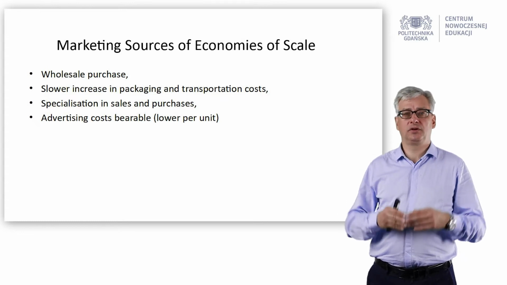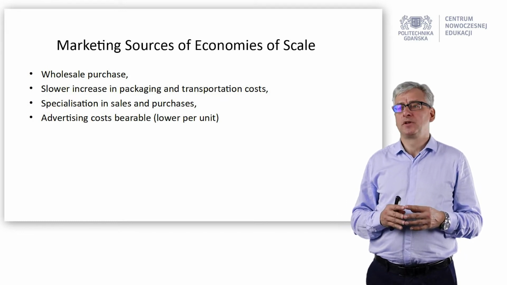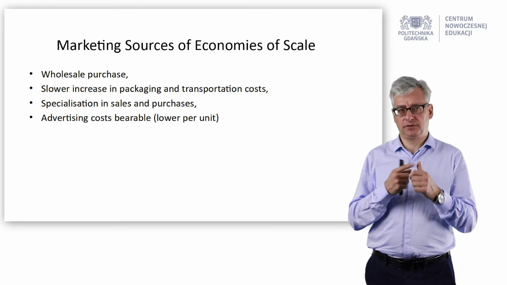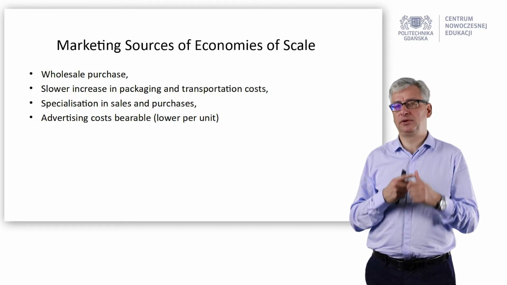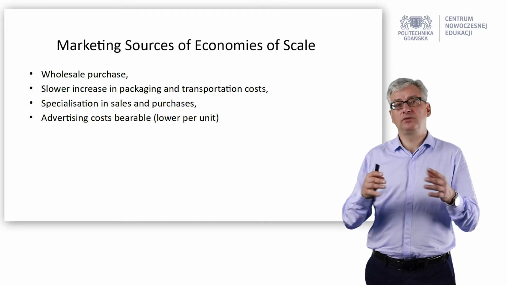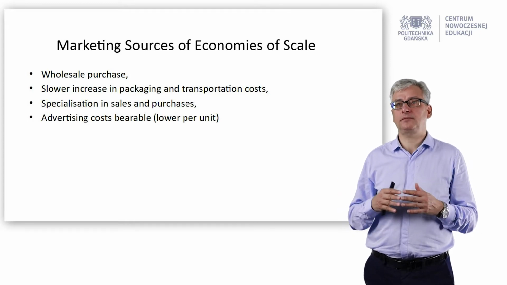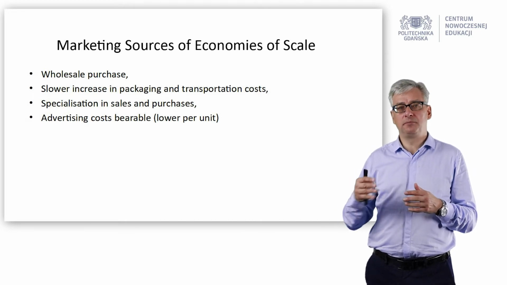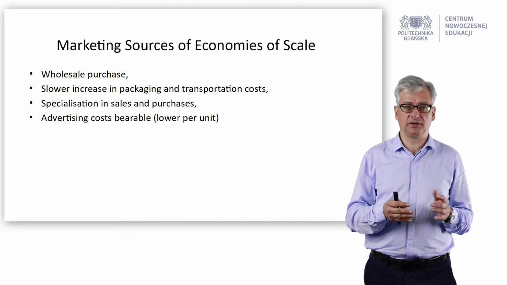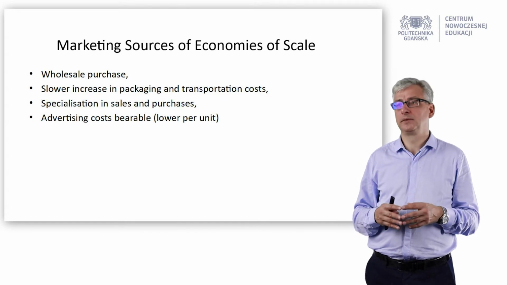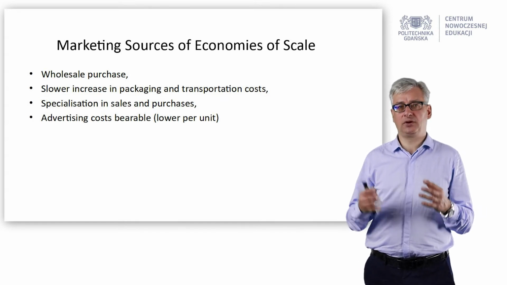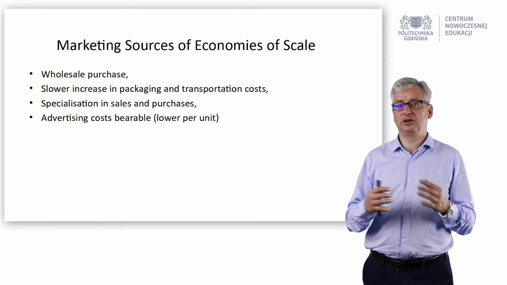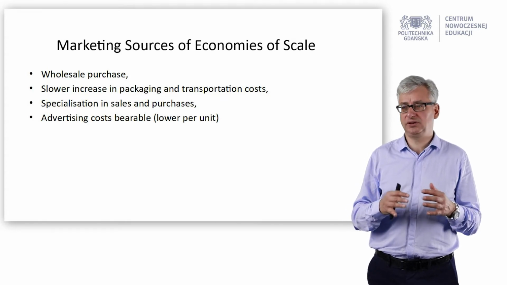Marketing sources of economies of scale dwell on 4 factors, actually. The first one being wholesale purchase. When you are bigger, then you become more and more important partner for your suppliers. If you are small and the scale of your operation does not really influence their businesses, then your negotiating position is pretty low.